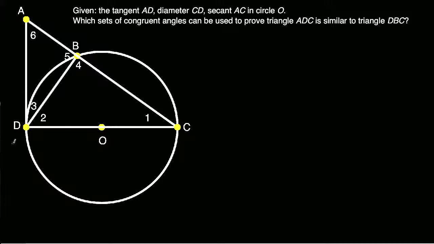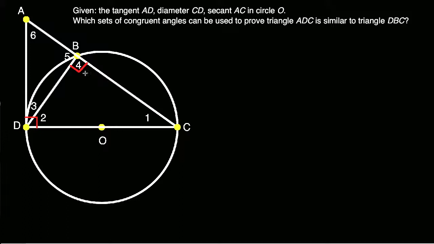Well, a couple things we know right off the bat. For instance, because this is a tangent and this here to here is a radius, we know that this is a right triangle. And because this triangle right here, this smaller one, is inscribed in this circle, we know that this is a right triangle because it's inscribed in a semicircle.